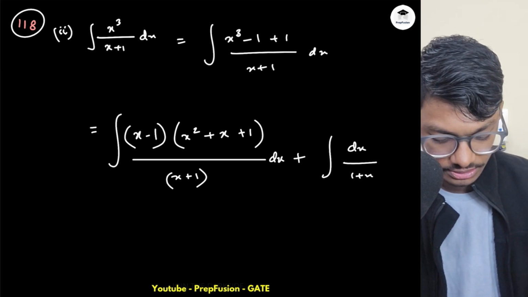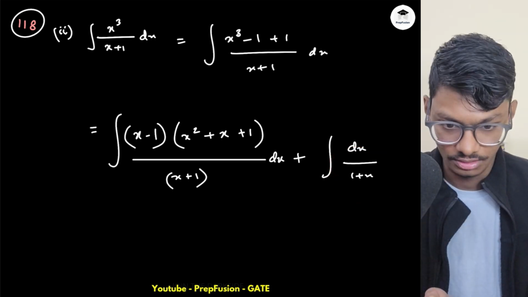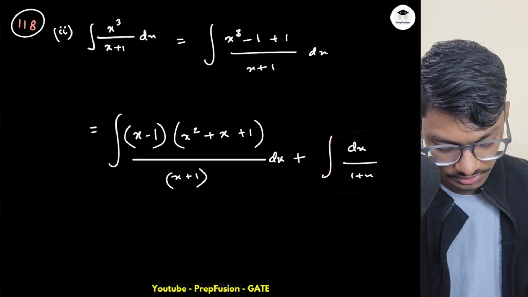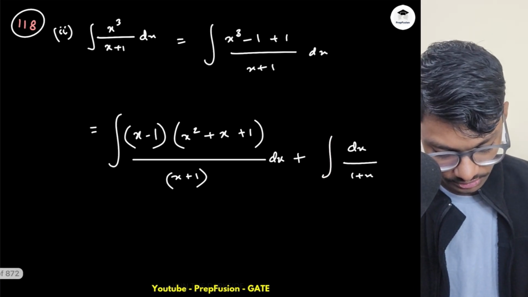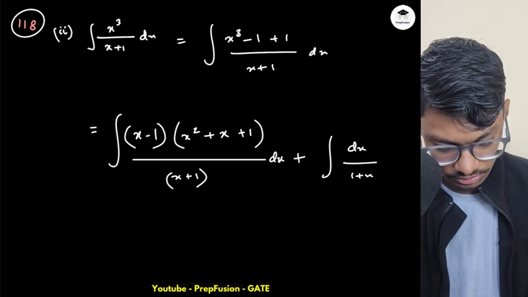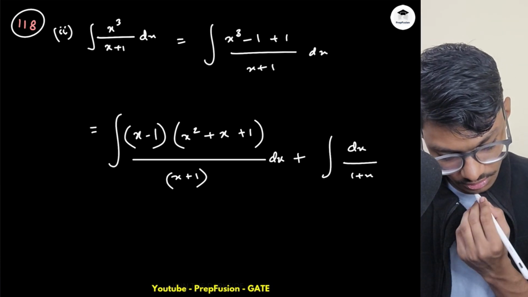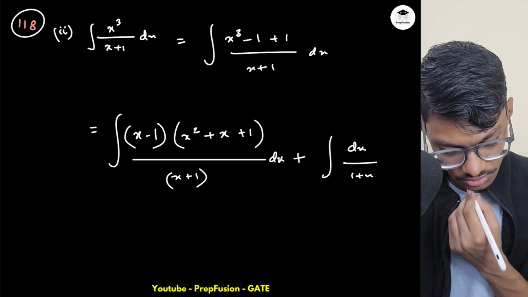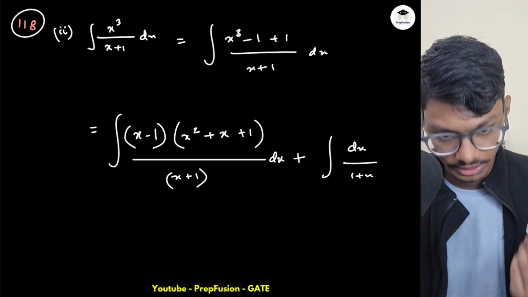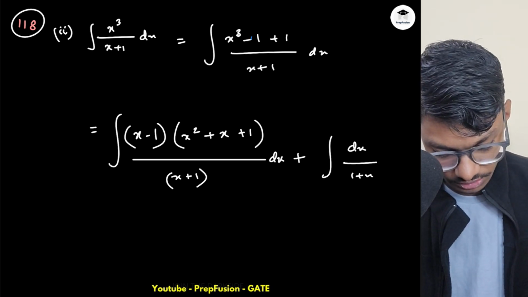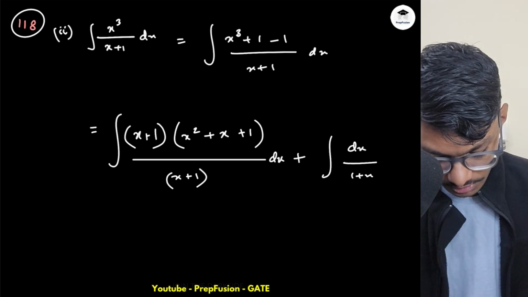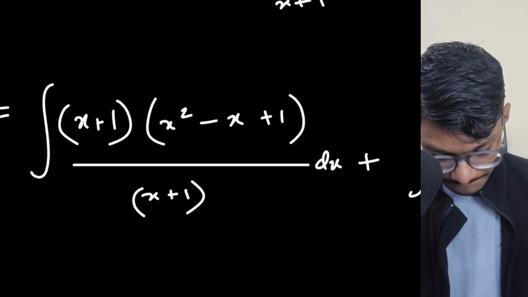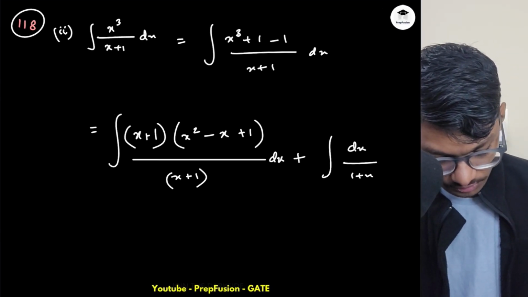Okay, so this simply will be ln of mod of 1 plus x, and here what will happen. Okay, I made some mistake. Sorry, what I should do is write the x plus 1 with this, not the x minus 1. Sorry for that. So this will become plus, this will become minus, and this will also become minus.